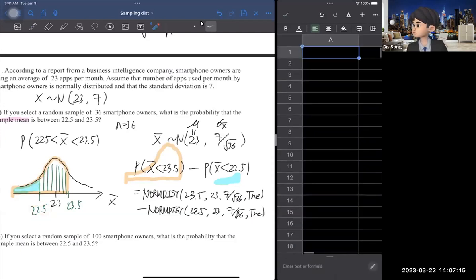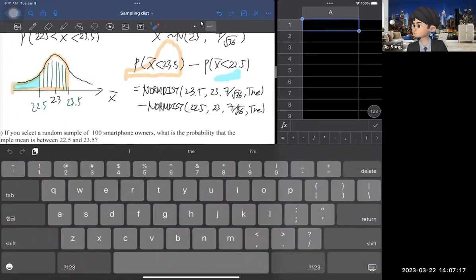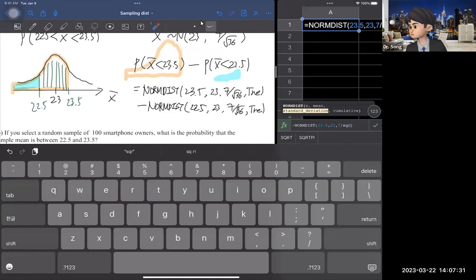So let me show you with Excel. So take a look. Put the equals sign, NORM.DIST here, 23.5, mean equals 23, standard deviation is 7 over square root, square root is SQRT, 36. Actually, square root 36 is just 6, so you can put 6 instead of the square root 36, and then 2.